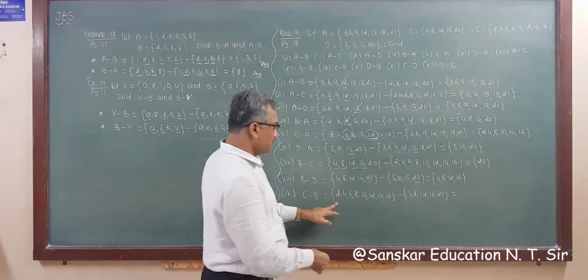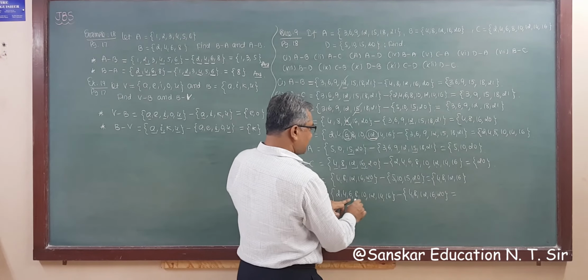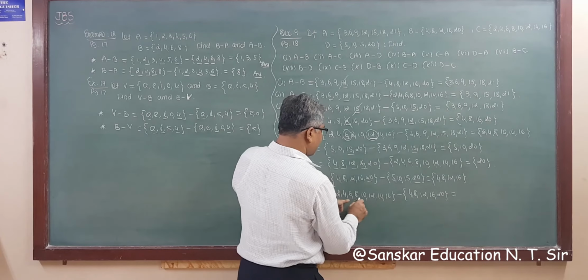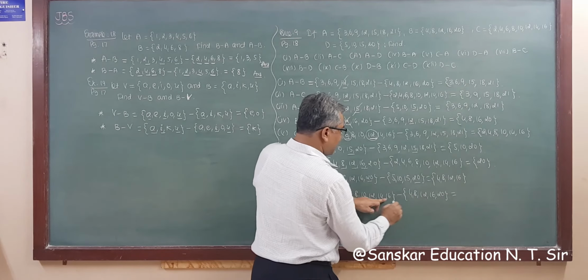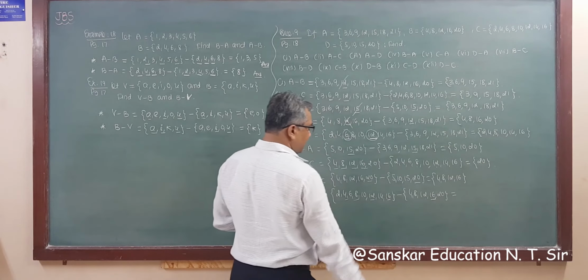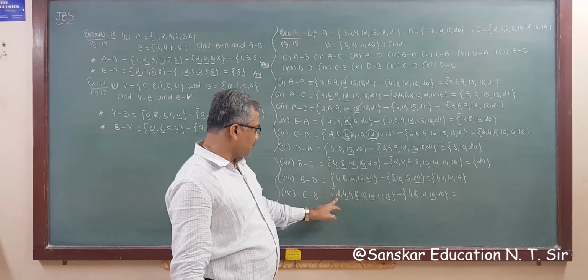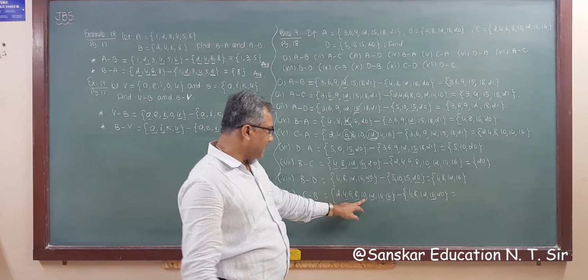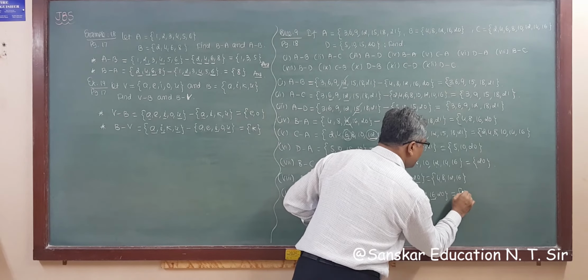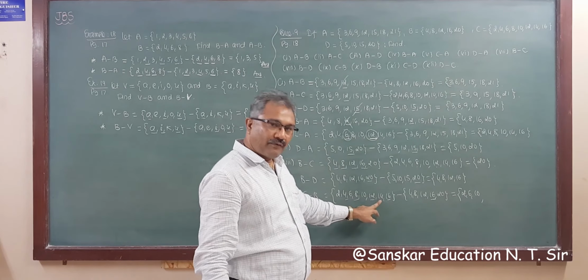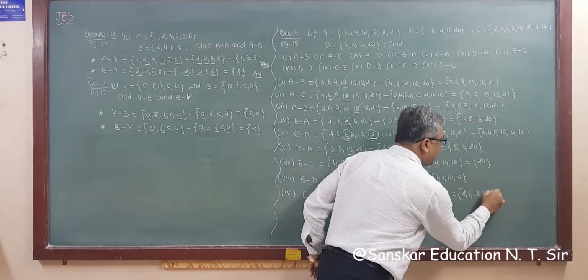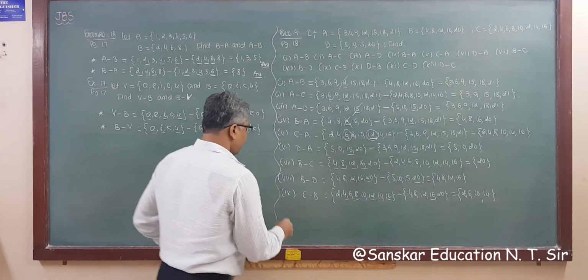So 2, no; 4 is there; 6, no; 8, yes, 8 is there; 10, no; 12, yes; 14, no; 16, yes, 16 is there. So the remaining elements are 2, 6, 10 and 14.